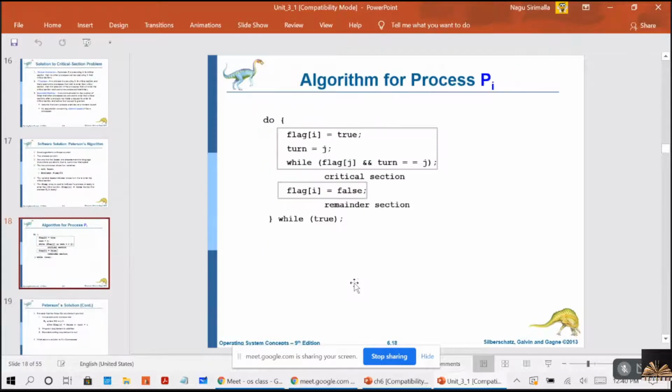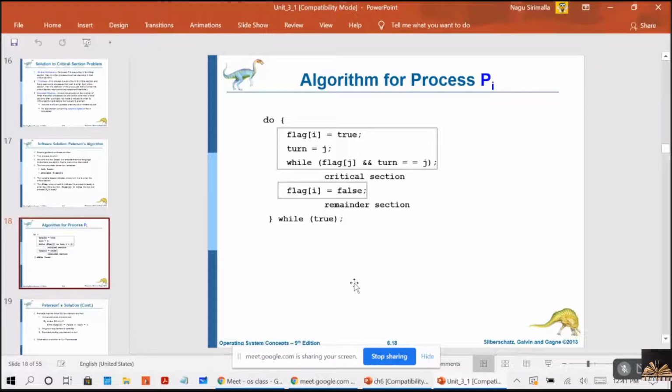Now see the algorithm, right? Do flag of i is equal to true. That means Pi is ready to enter into the critical section, right? Now turn is equal to j. That means next Pj can enter into the critical section.